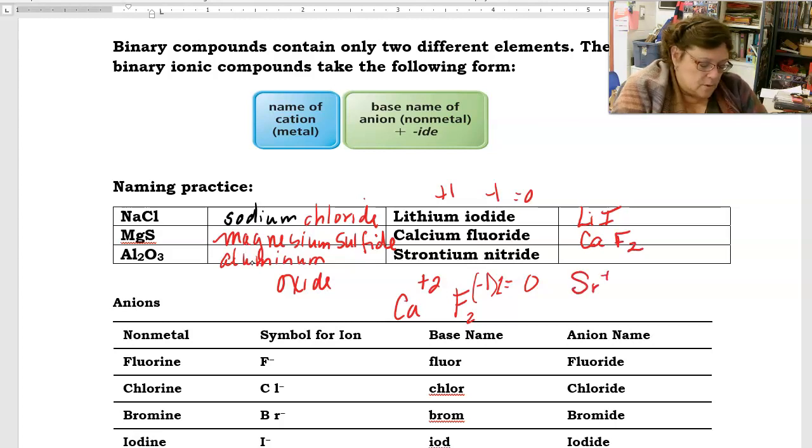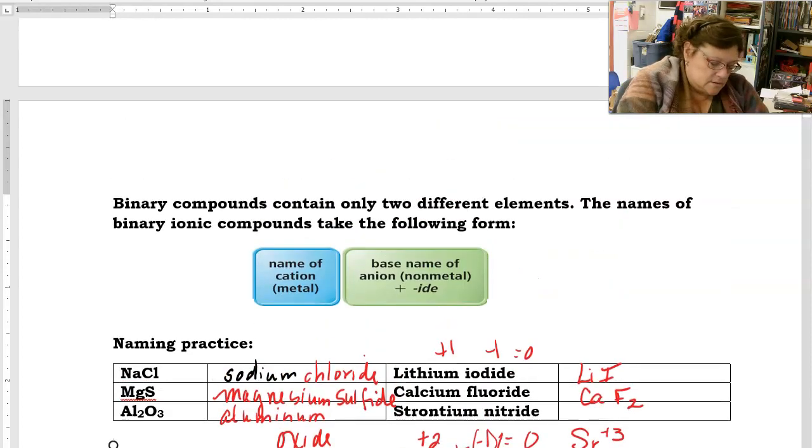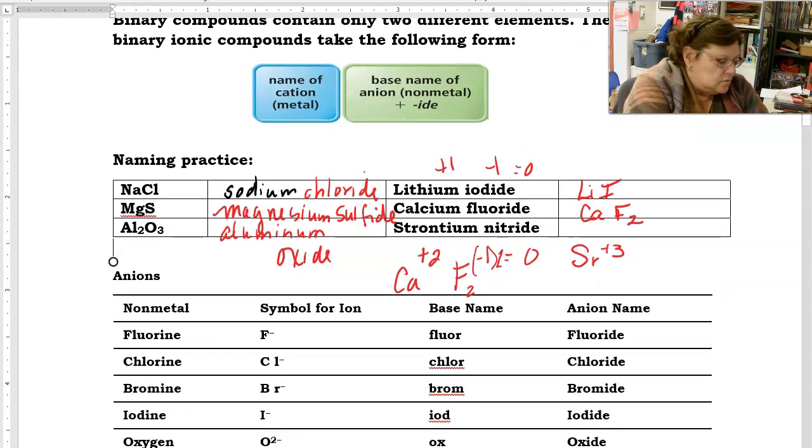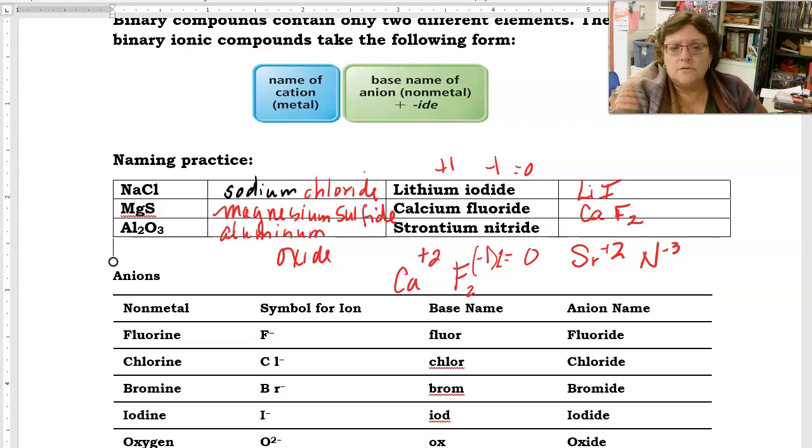Strontium has a +3. No, I lied. Strontium is a +2 because he's a happy atom in the second family. And we're going to bond him with nitrogen, which is a -3. Now, there's an easy way to do this one. We call it the crisscross method.